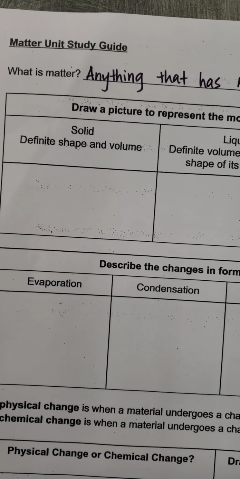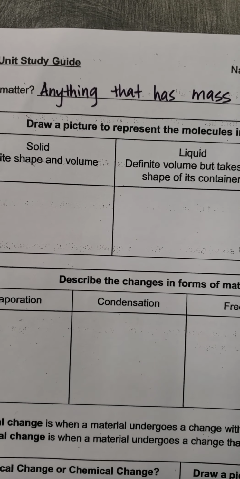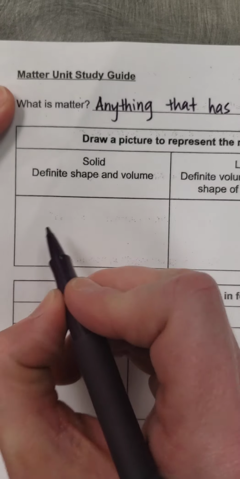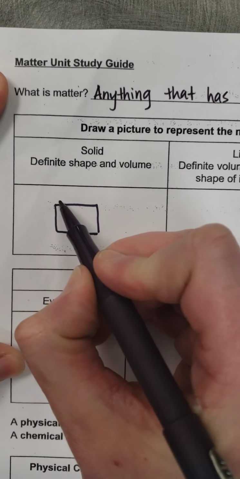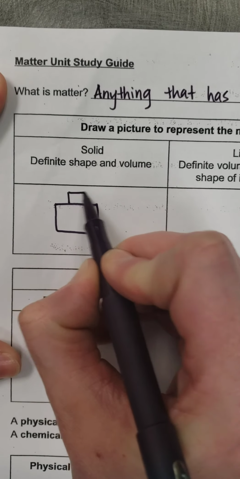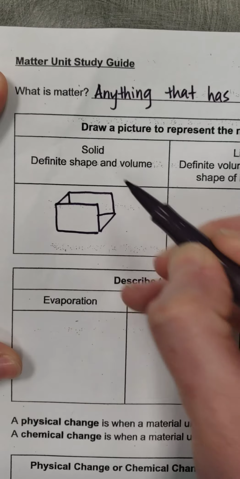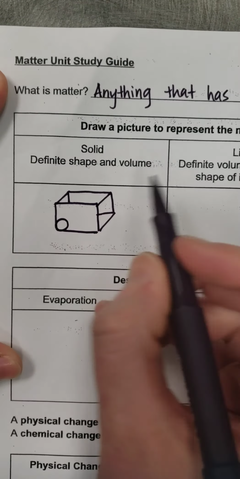Then it says draw a picture to represent the molecules in a solid, liquid, and gas. A solid has definite shape and volume, and I like to draw a block. You just draw a square, and you can draw any solid, but we need to draw the molecules.